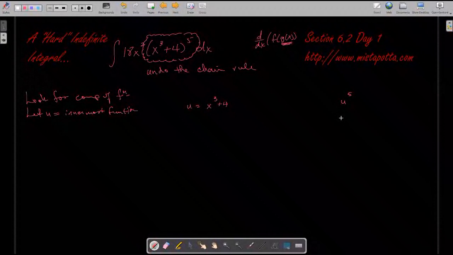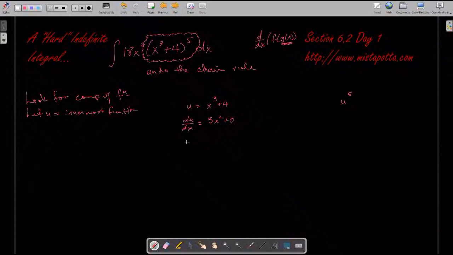So u is x cubed plus 4. The derivative du dx is equal to 3x squared plus 0.